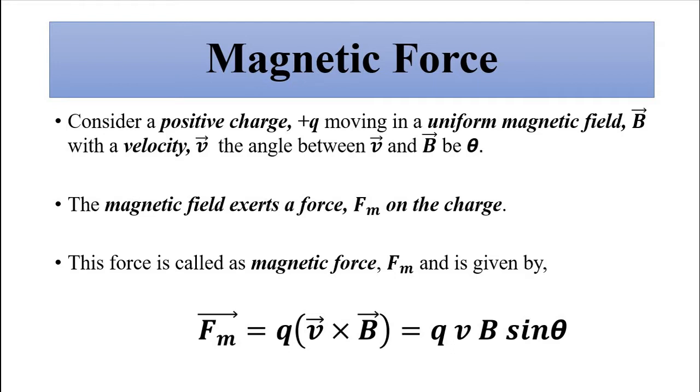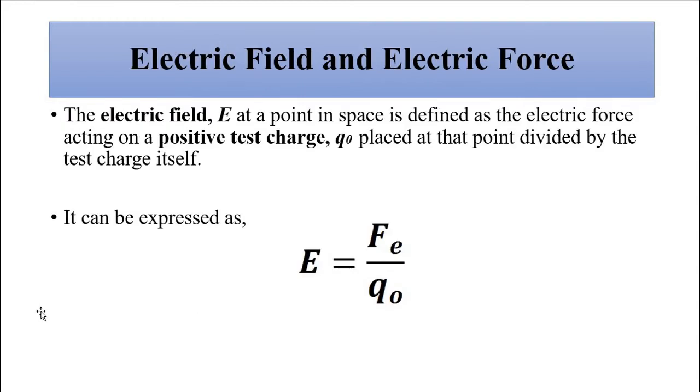Now we have already discussed Coulomb's law, electric field intensity, electric field lines, electric potential, everything in the electricity and magnetism discussion. You can check it out by clicking on that playlist. Now we know that the electric field intensity at any point in space is the electric force acting on a positive test charge at that point, or simply electric field is Coulombic force divided by charge.